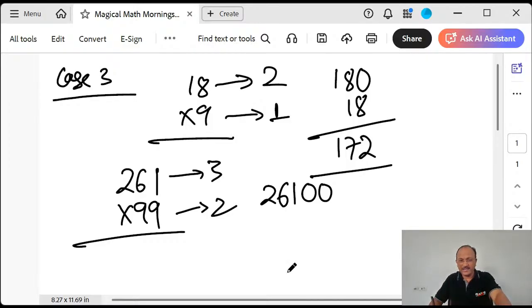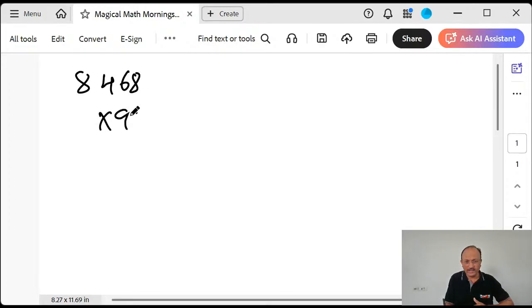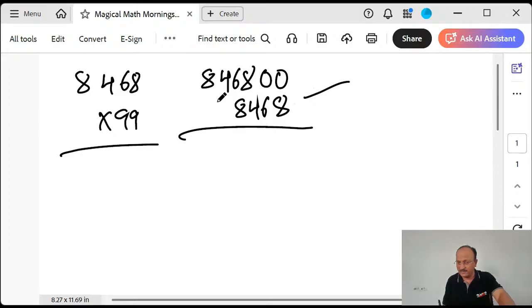Let's take a little bigger number. Suppose we have 8,468 into 99. What should we do here? We rewrite this as 8468 followed by how many zeros? There are 2 nines, therefore 2 zeros. From this, you subtract 8468. That's it. Either you can do it from left to right or right to left; both subtraction methods we know.